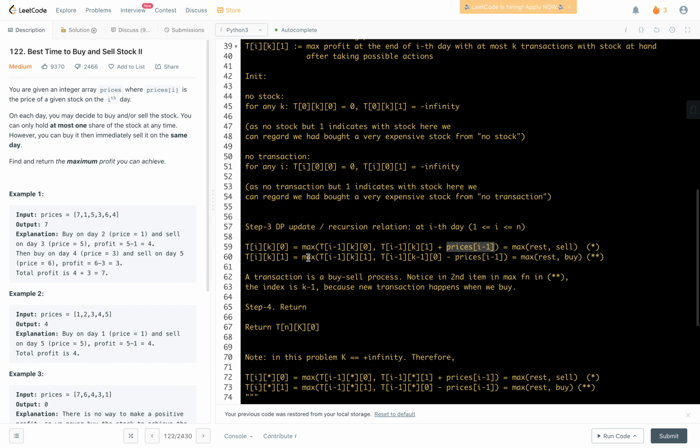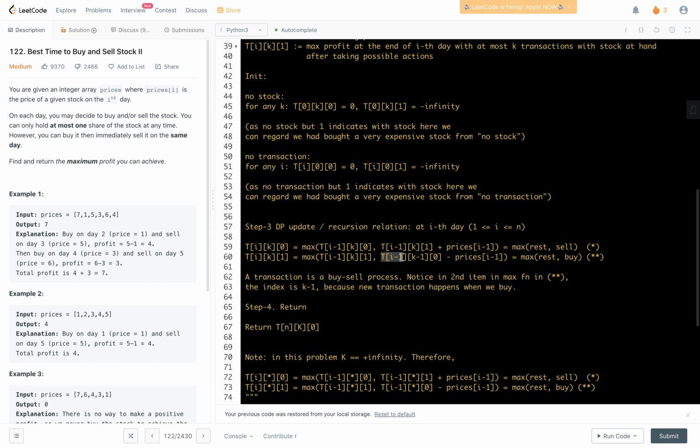So the understanding for the double star here is that the maximum profit at the end of SD with stock at hand equals the max. The first term corresponds to the fact that at the end of I-1 day we do have stock at hand, and at SD we choose to do nothing.